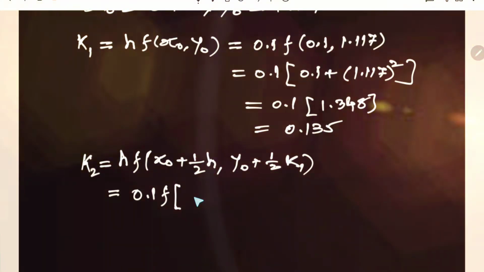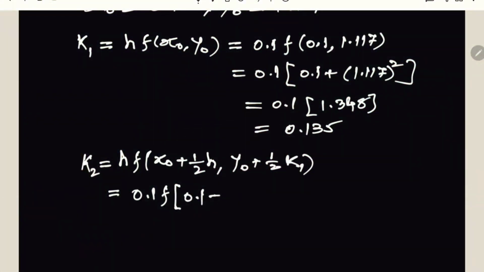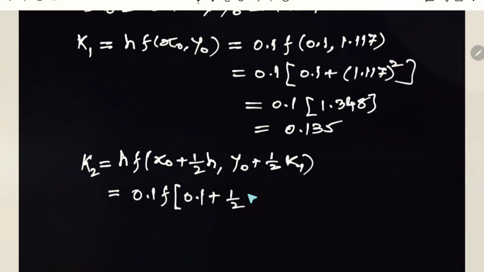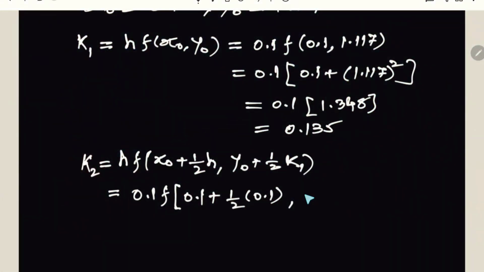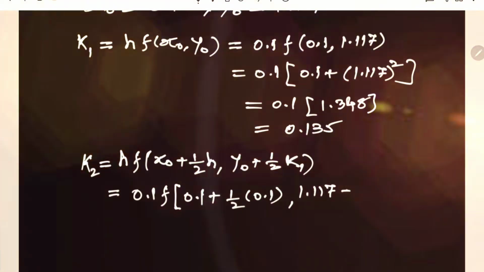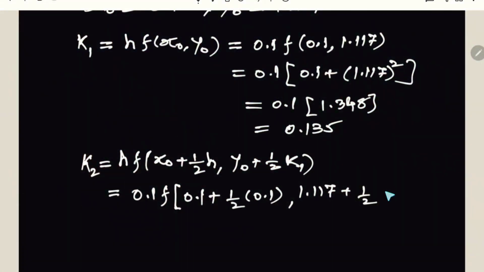And then K2 is equal to h 0.1, f of x0 is 0.1, h by 2, 0.1 by 2, first term, y0 is 1.117, and k1 by 2 means 0.135 divided by 2.